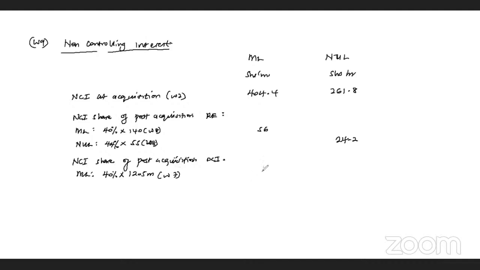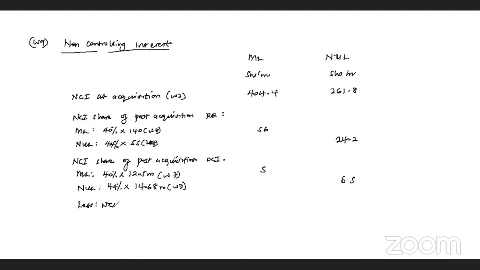This gives us 5. Then NUL, 44% times 14.68 M. That is from working 7. This gives us 6.5.